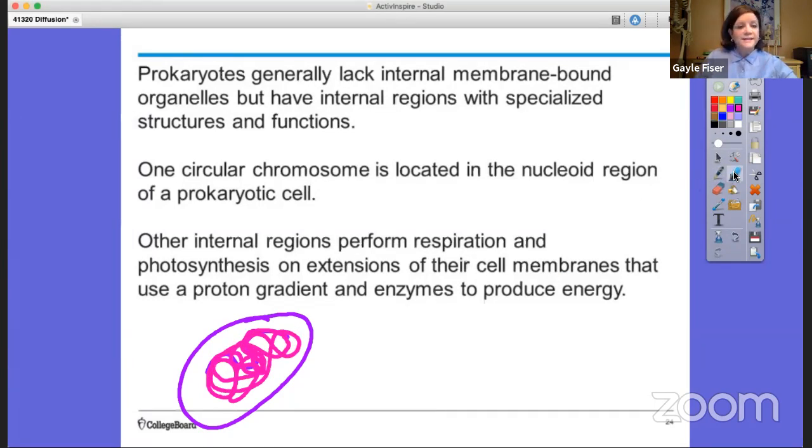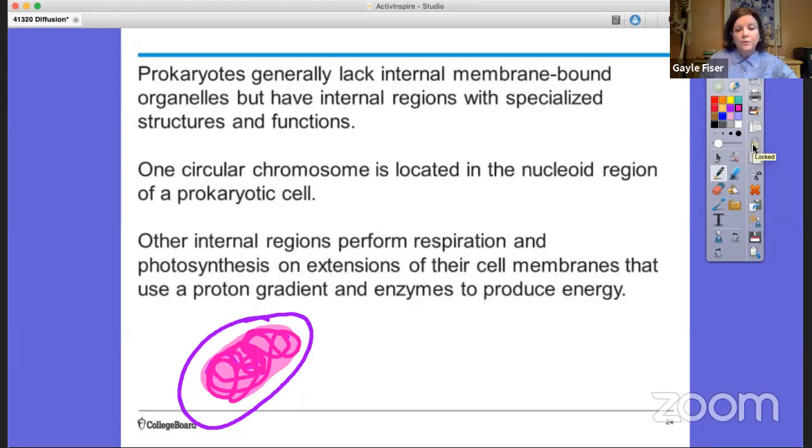It doesn't have a nucleus. It doesn't have a membrane-bound nucleus, but what it does have is called a nucleoid region, where you'll find that. So one circular chromosome is located in the nucleoid region of a prokaryotic cell.